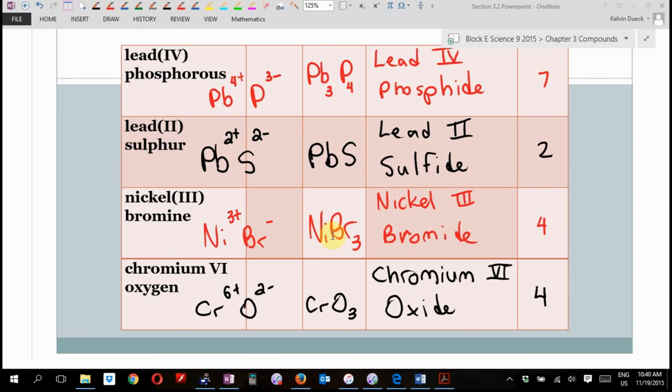I got NiBr3, nickel 3 bromide, 4 atoms, and then this one was tricky because I was going to say Cr2O6. Nope, that'll reduce. Divide by 2, divide by 2. So I ended up with Cr1. Did I write the 1? No. O3, chromium 6 oxide, 4 atoms.